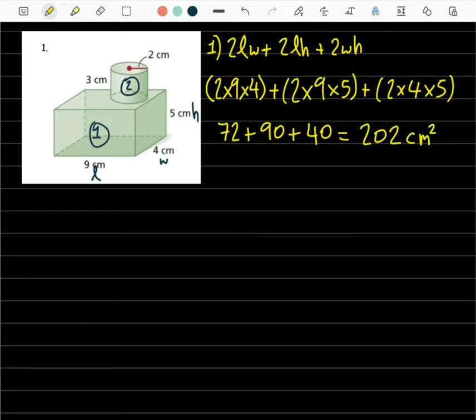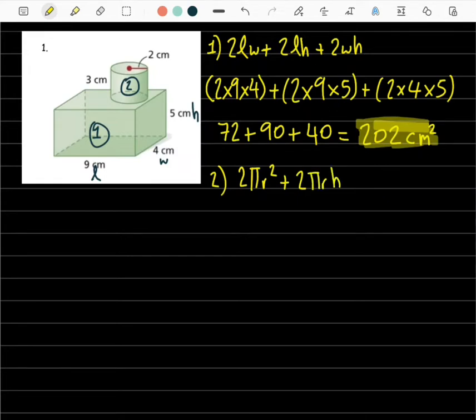All right guys, now let me highlight it. There we go. Now, let's go ahead and find the surface area of the cylinder, which is shape number 2. For the cylinder, the formula is 2 pi r square plus 2 pi r h, right guys?